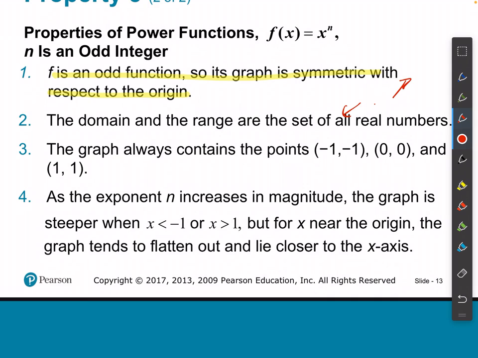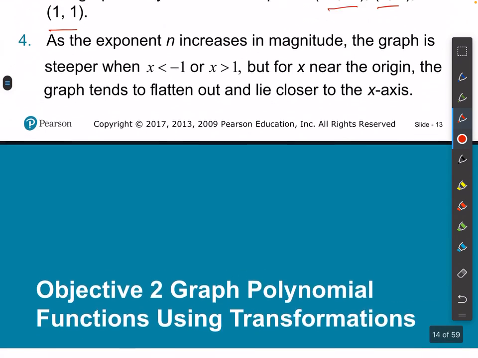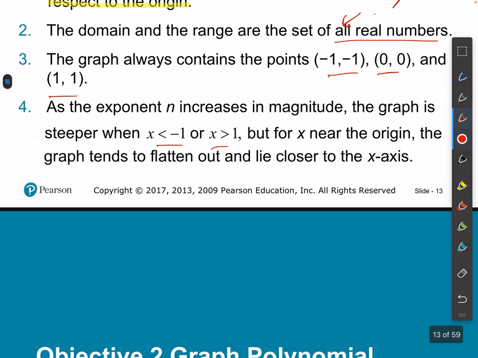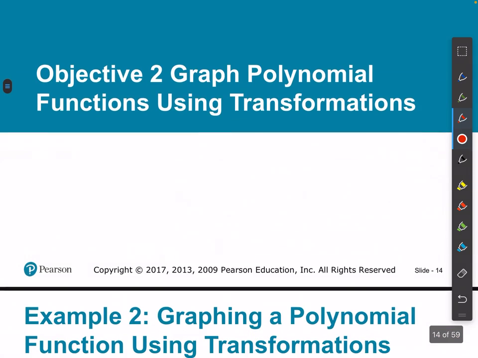The domain and range are always the set of all real numbers, because you can plug in any x and you'll get a y value out, and it's going on to positive infinity or negative infinity in the y direction because it's going in opposite directions. The graph will also contain these points for the power function, but again, those could be modified, and it flattens out in the same areas as an even.